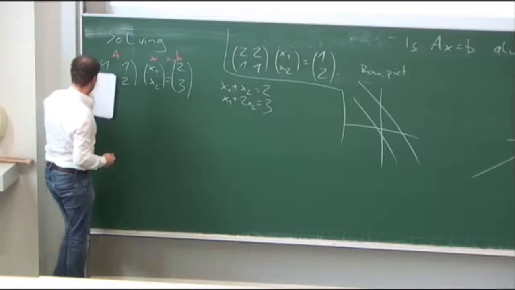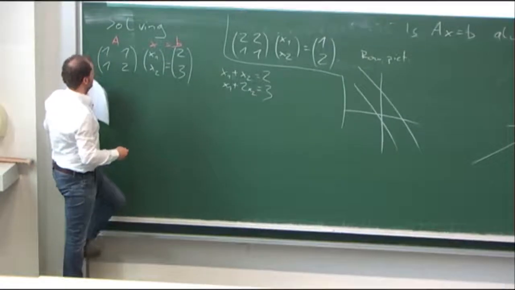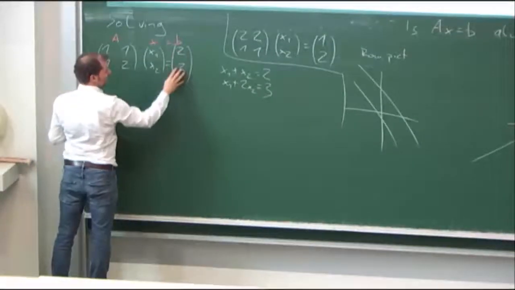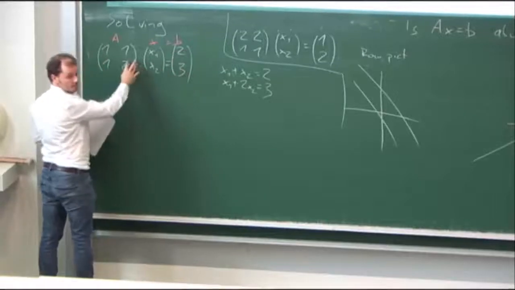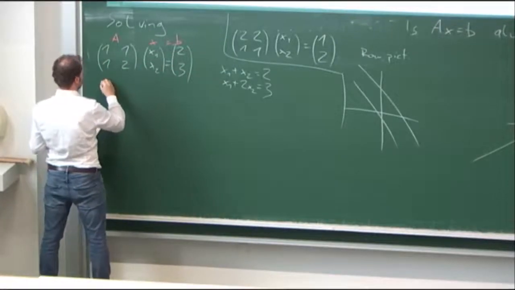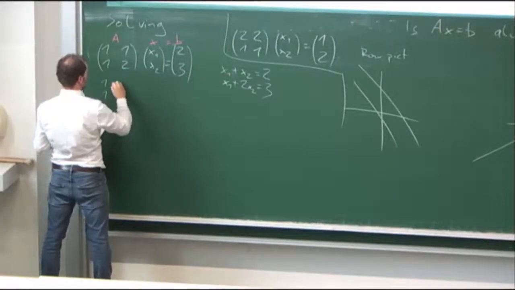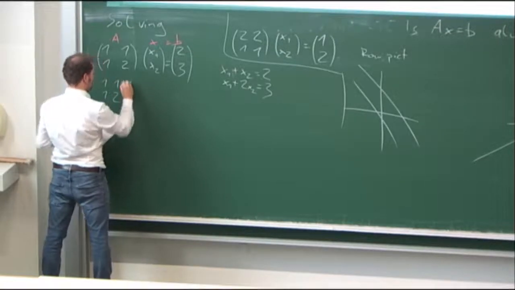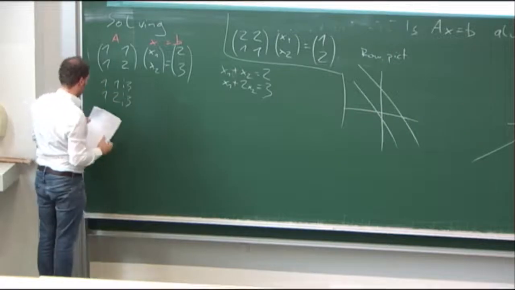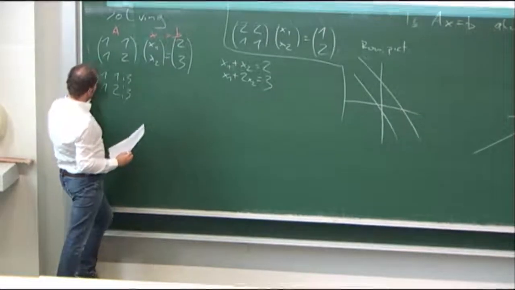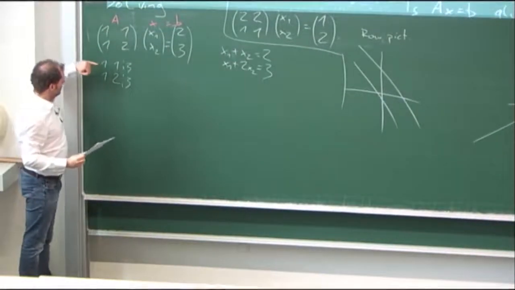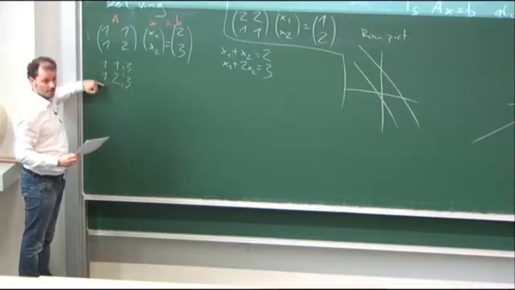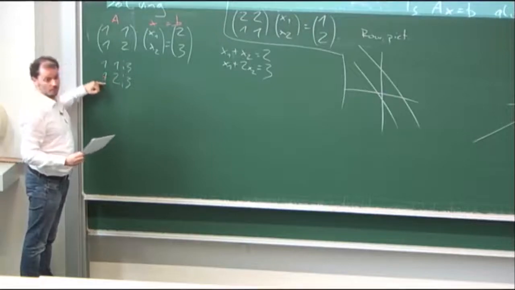What we do is we tack on this vector to this matrix, which is what we call the augmented matrix. This is just a bit more convenient for writing. And now, if we subtract or add any multiple of any row to some other row, the solutions will be unchanged.